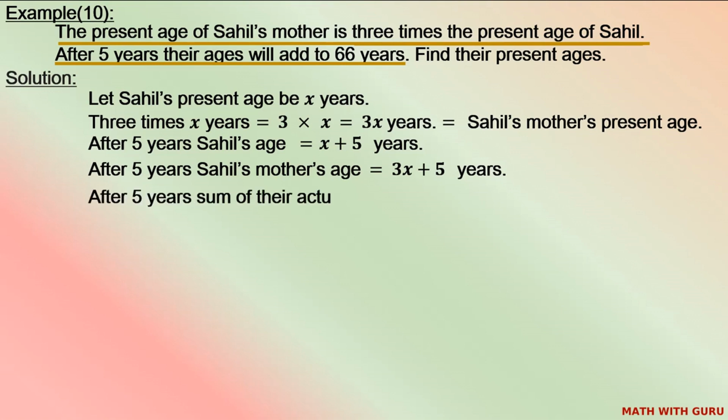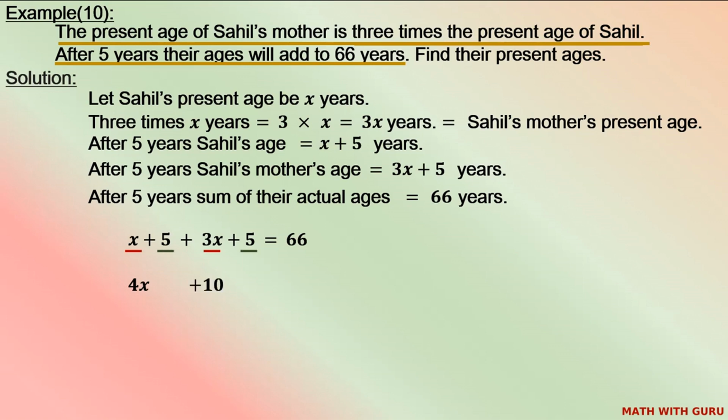That is, after 5 years, sum of their ages is 66 years. Here we have the equation. After 5 years, Sahil's age plus after 5 years, mother's age, x plus 5 plus 3x plus 5 equals 66. Let us solve this equation for x. x plus 3x is 4x, 5 plus 5 is plus 10, equals 66.